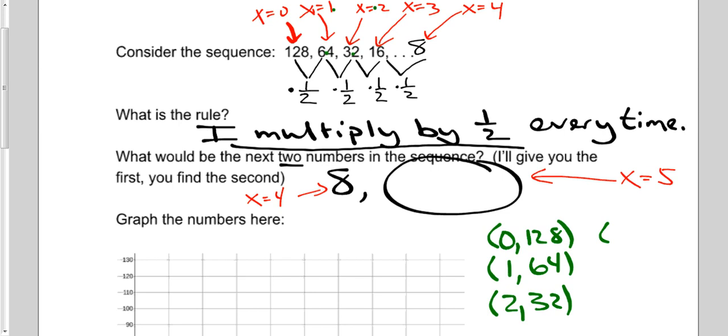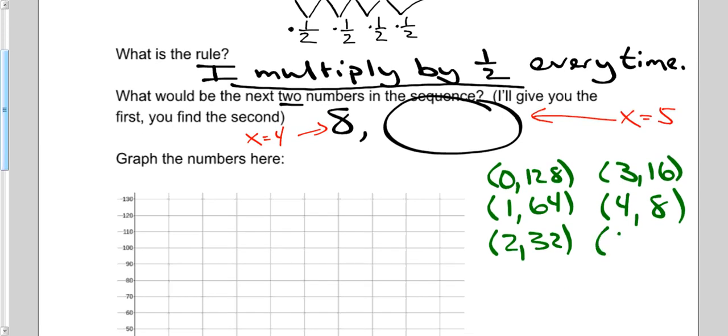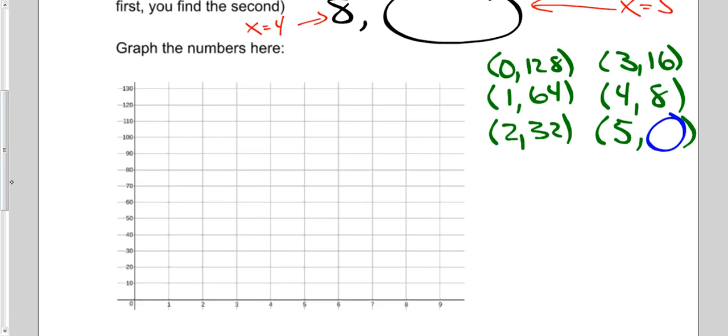That's 3 and 16 right there. So it's going to be 3, 16. And then my fifth number is going to be 4, 8. And then you've got to find the fifth number right there, and I'll circle that in blue as well. So those are the numbers I'm graphing.